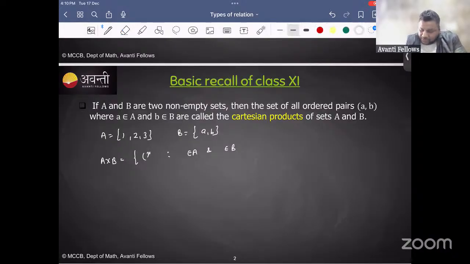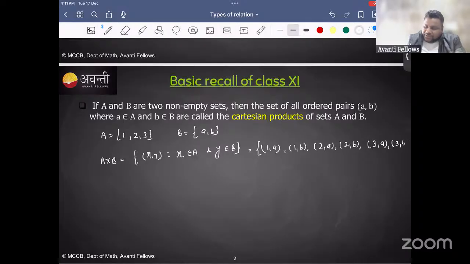So this is the ordered pair (x, y) such that x belongs to A and y belongs to B. In that case, A cross B is (1,a), (1,b), (2,a), (2,b), (3,a), (3,b). This is your Cartesian product A cross B.